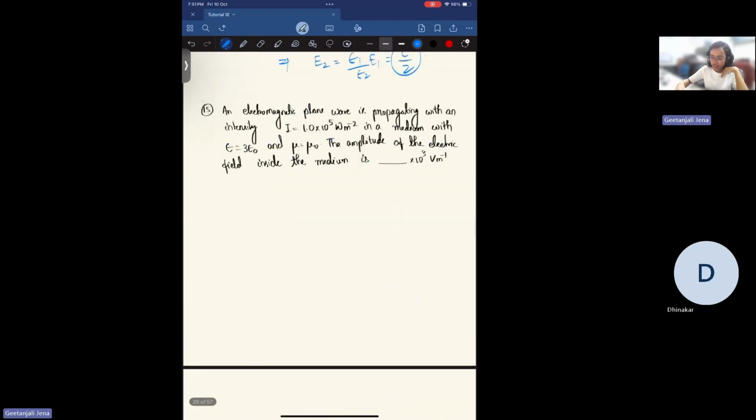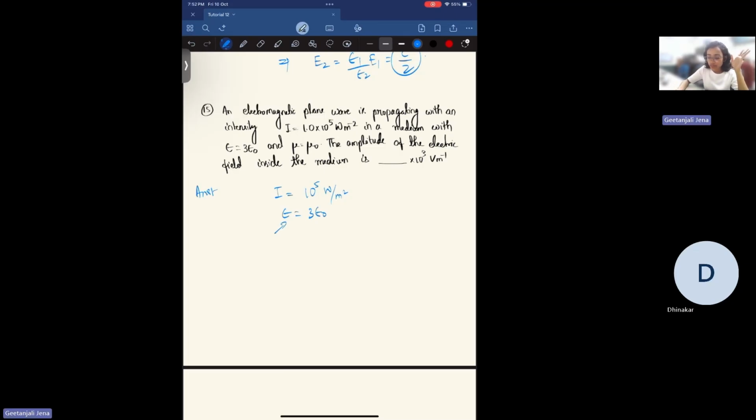Okay, let us move to our next problem. An electromagnetic plane wave is propagating with an intensity of 10 to the 5 watt per meter square in a medium with epsilon is 3 epsilon naught. This is the medium permittivity, and mu is mu naught.